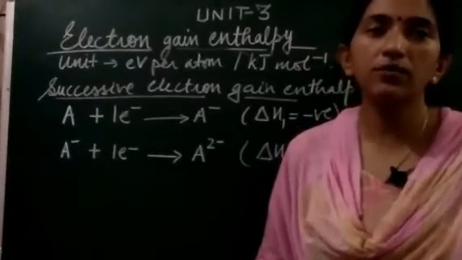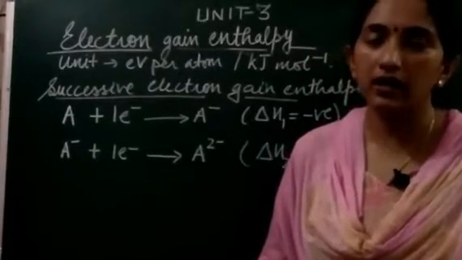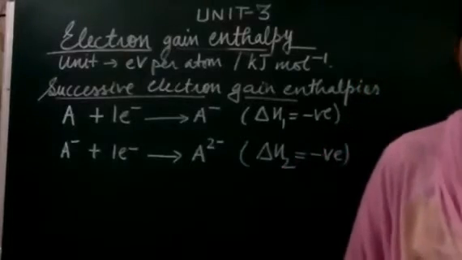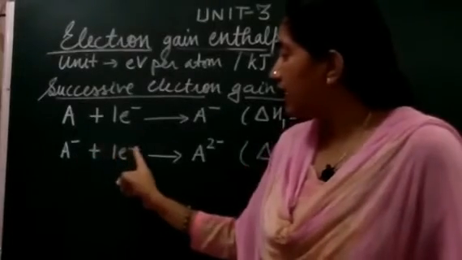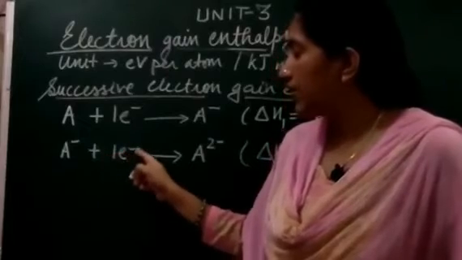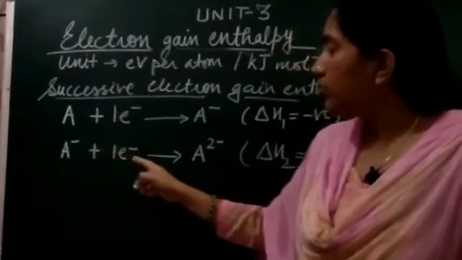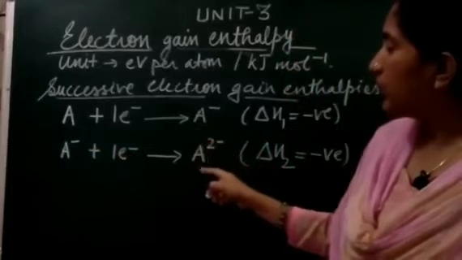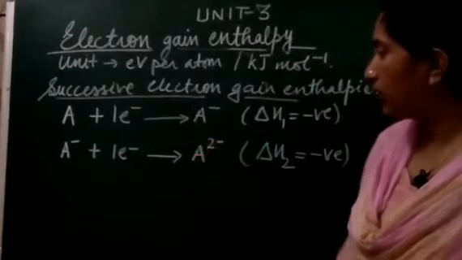There will be repulsion between these two negatively charged species, the A negative ion and the incoming electron.